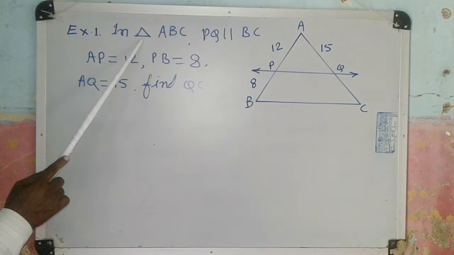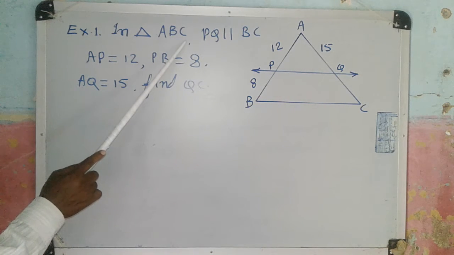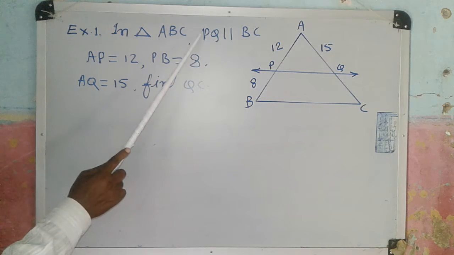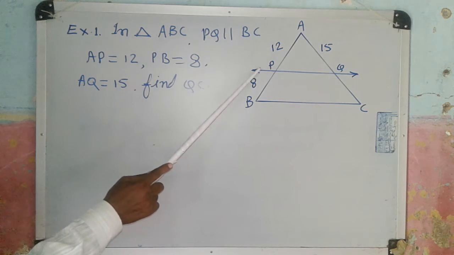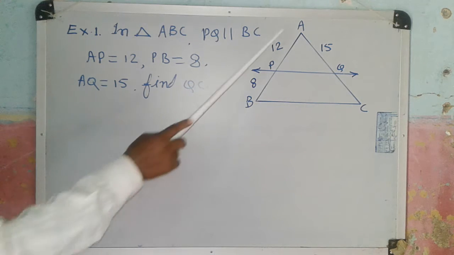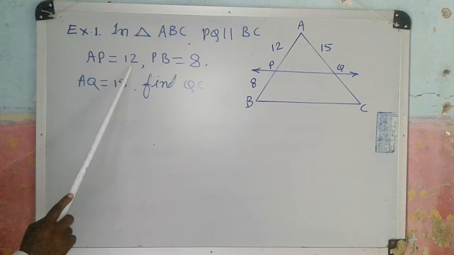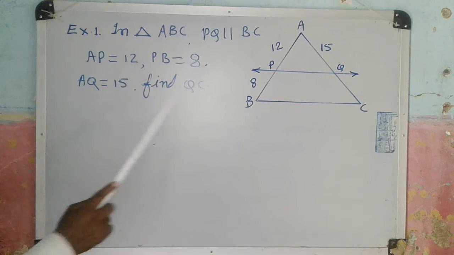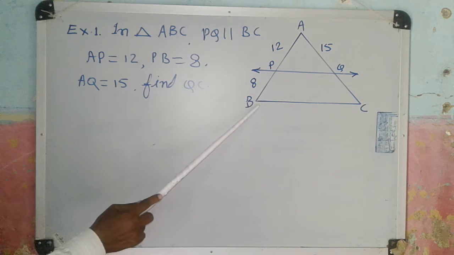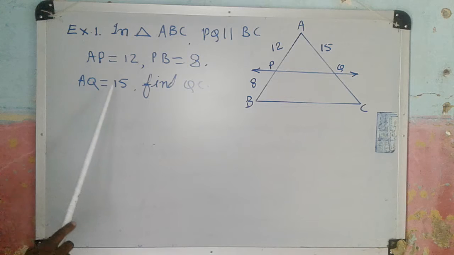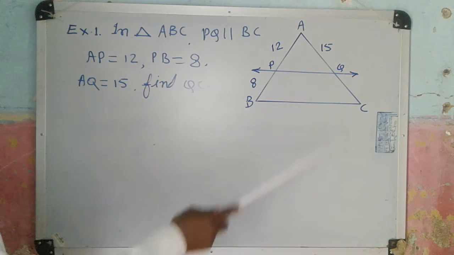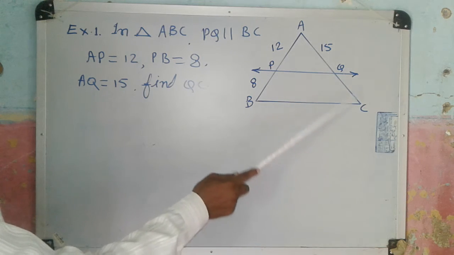In triangle ABC, PQ parallel BC, AP is equal to 12, PB is equal to 8, AQ is equal to 15. Find QC. You have to find the length of QC.